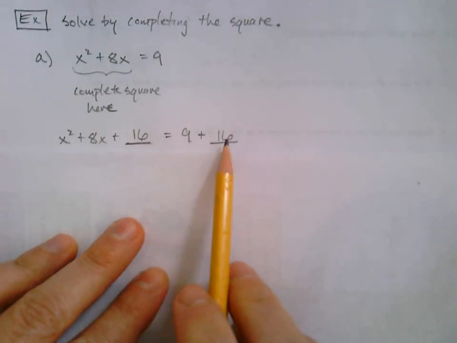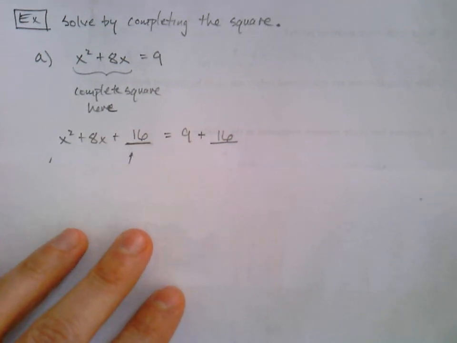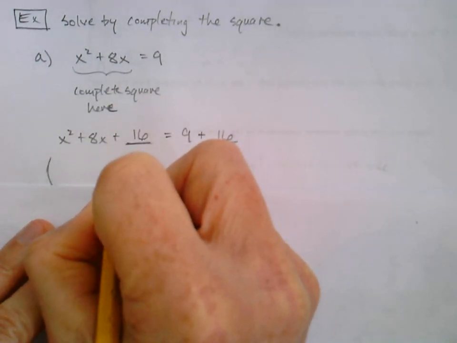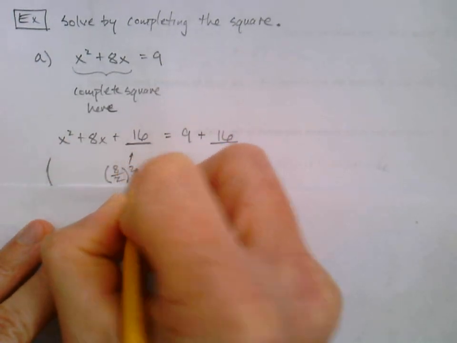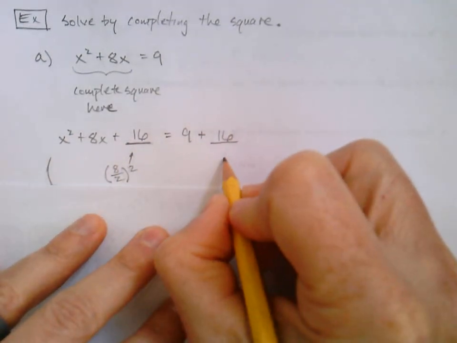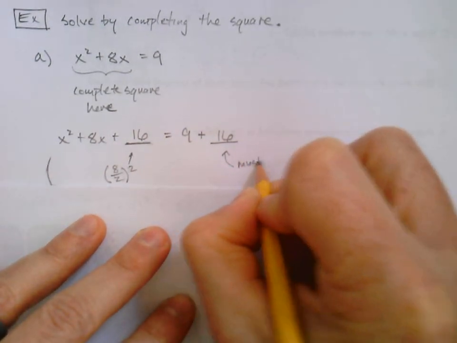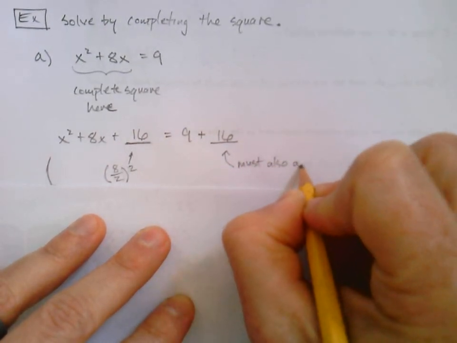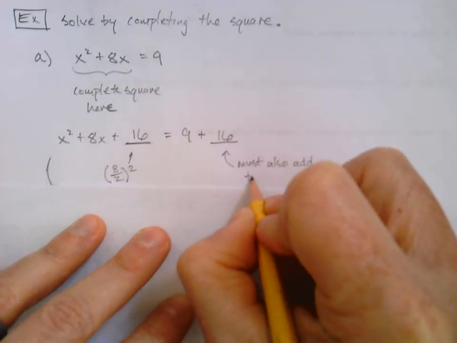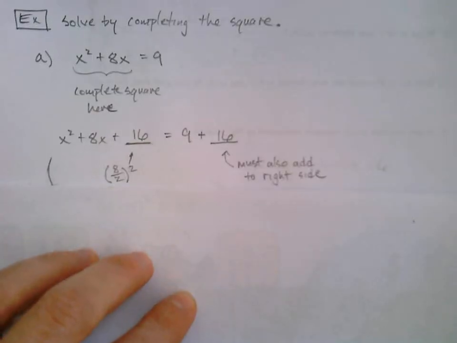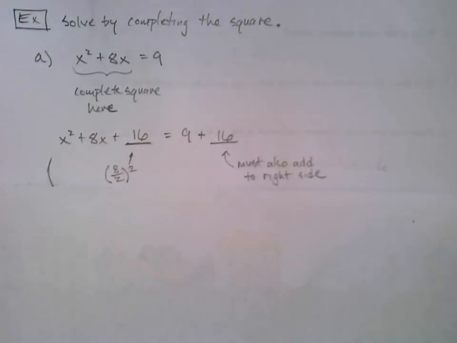Then I've done the same thing to both sides. And I made notes of that. Here I left room for it. So this came from 8 divided by 2 squared. And this we must also add to the right side. If we add 16 to the left, we got to add 16 to the right.